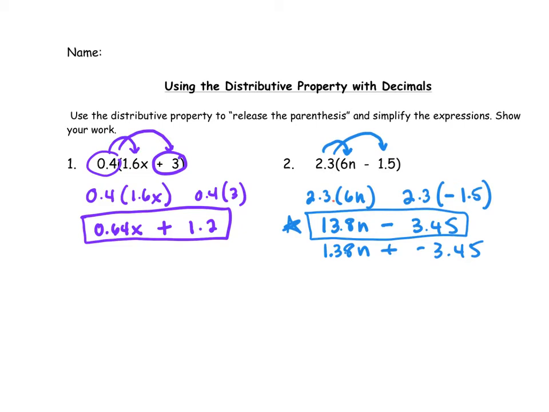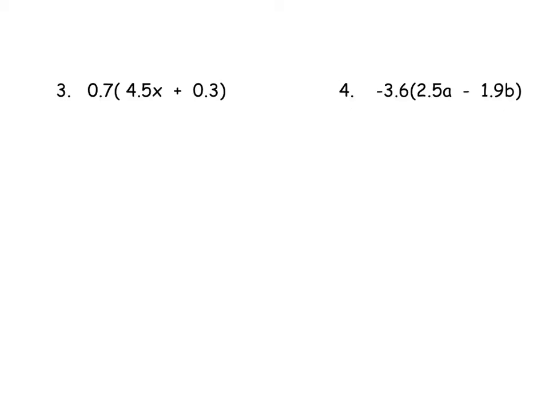Let's go into 3 next. All right, for number 3, if I draw an arrow from 0 and 7/10 to 4.5x, can you tell me what that means I'm supposed to do? If you said that means that I'm multiplying 7/10 times 4.5 or 4 and 5/10 x, you are correct.